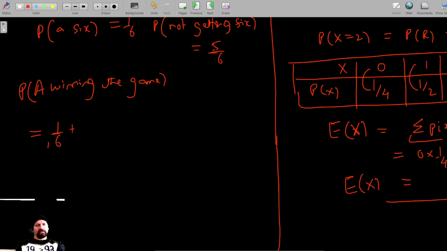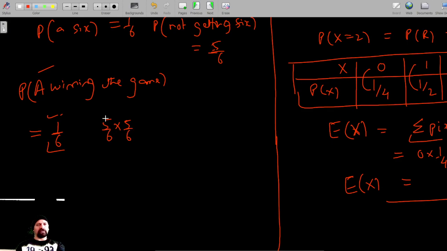Now, this is the first case. If A doesn't get 6 on the first throw, that means 5 by 6, not getting a 6. Now we have to make sure that A wins. So now B is going to throw the die, and he's also not going to get 6.